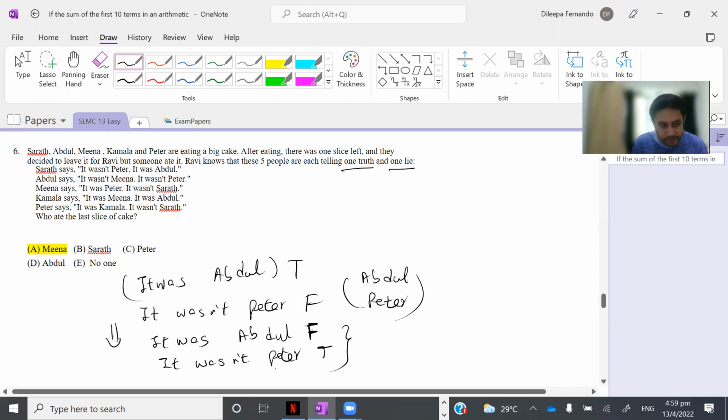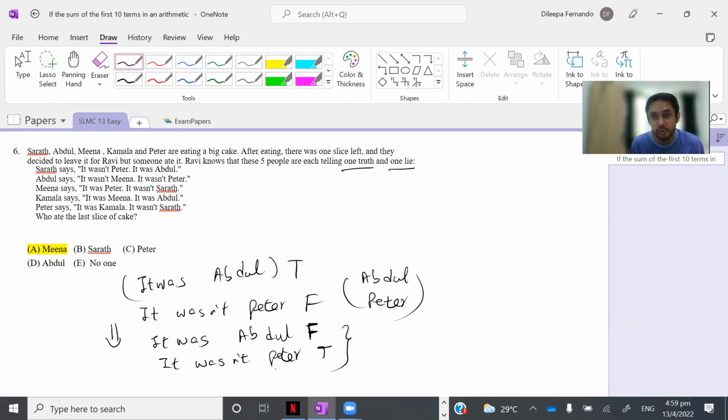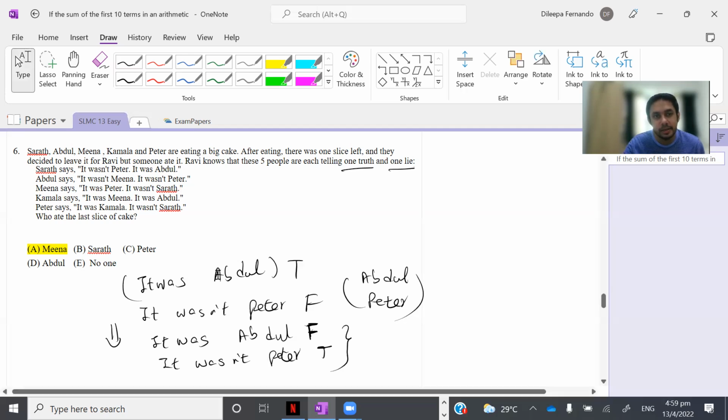When we start with two sentences which are negated, like one says it was, one says it wasn't, this is not the best way to start. If you have the intuition, the best way to start is with two sentences which provide the same sentiment, either positive or negative. That means either they say it was someone in both statements, or say it wasn't someone in both statements.